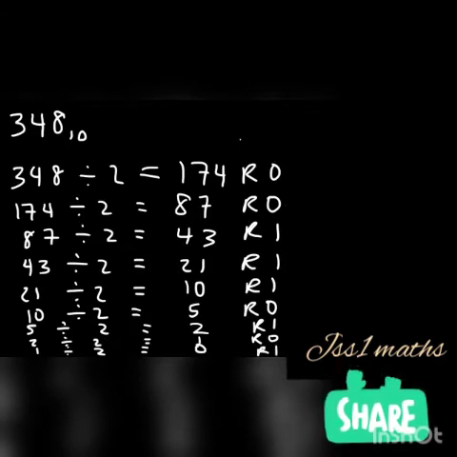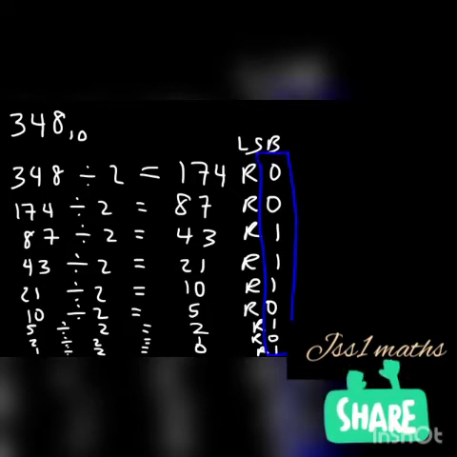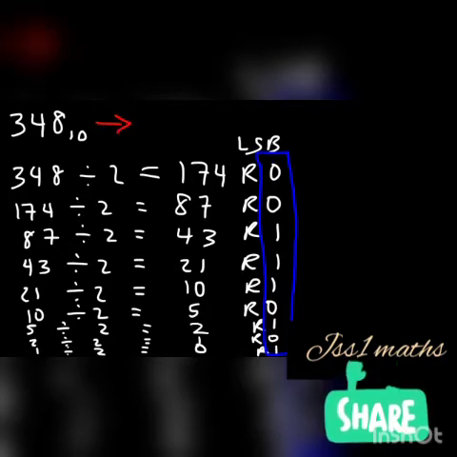What we have on top is the least significant bit, and this here is the most significant bit. Now you can find your answer just by looking at all of the remainder values, which is here. And so that's the binary number that's equivalent to 348.